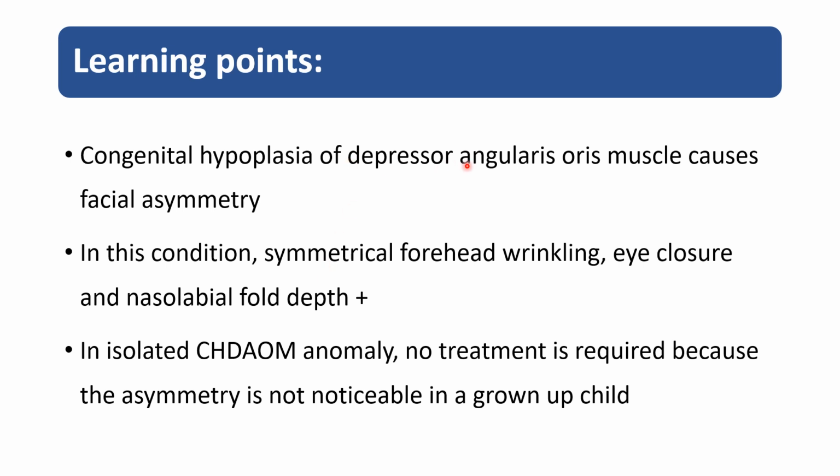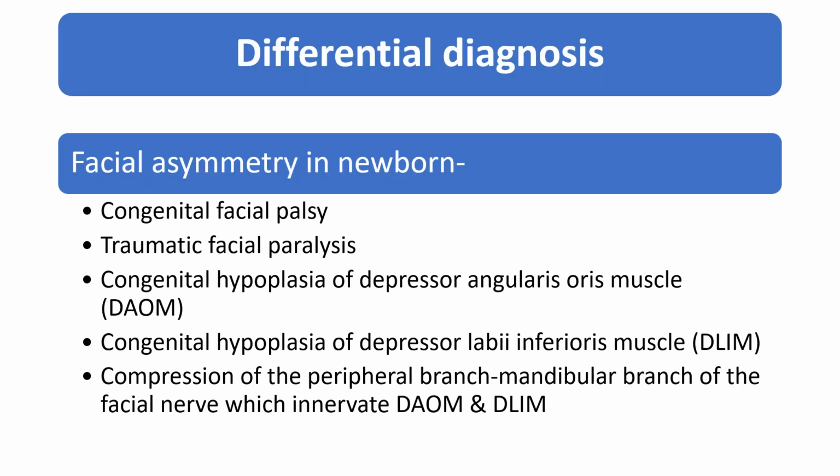So in depressor anguli oris muscle hypoplasia or agenesis, only the angle of mouth will be affected. In isolated congenital hypoplasia of depressor anguli oris muscle, no treatment is required because the asymmetry is not noticeable in a grown-up child.